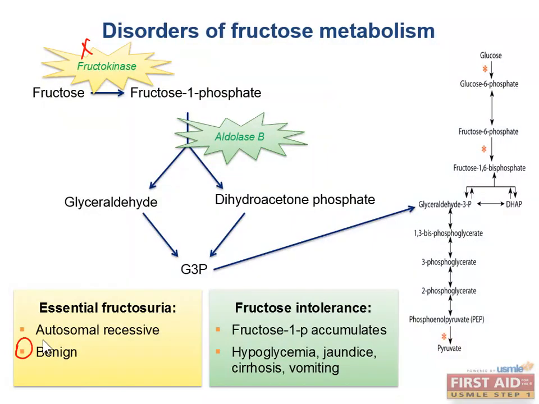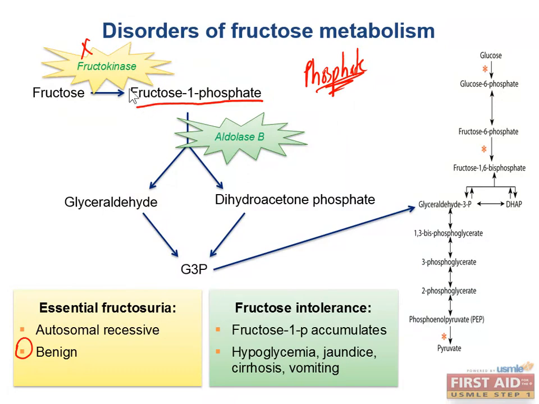However, fructose intolerance is a more serious autosomal recessive disorder of the enzyme aldolase B here. Notice how we're color-coded. So fructose intolerance relates to an aldolase B deficiency. Without aldolase B, fructose 1-phosphate here accumulates. Since it's already been phosphorylated, it can't leave the cell. Now this consumes a lot of available phosphates, which is going to inhibit glycogenolysis and gluconeogenesis, two processes that require large amounts of phosphate to operate.